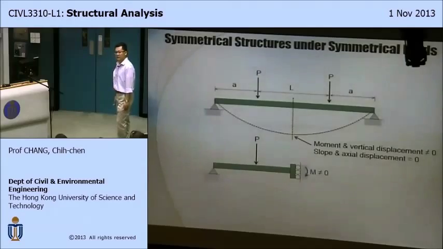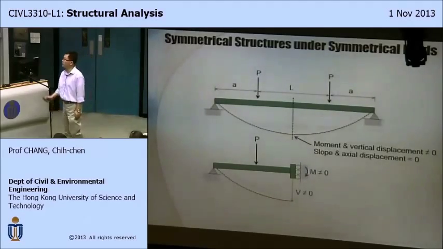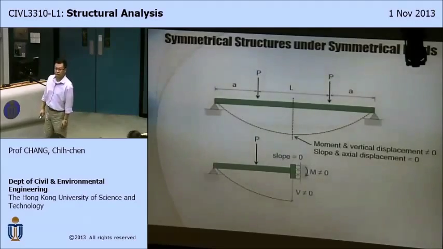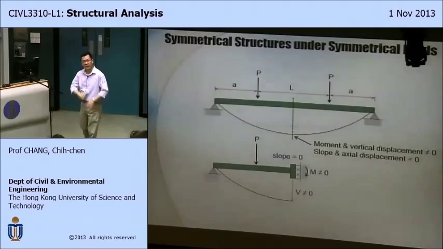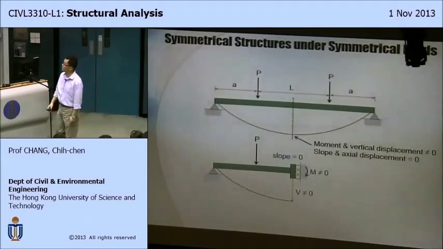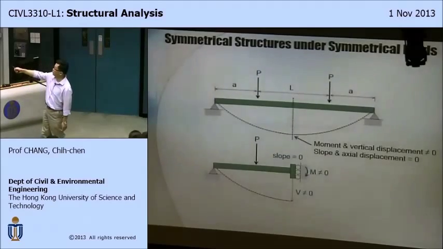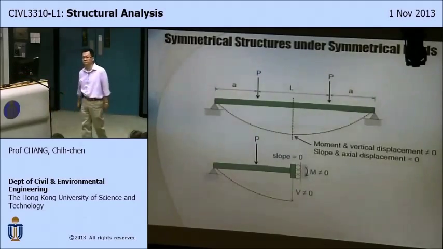So bending moment is not equal to 0, and displacement is not equal to 0, but the slope is equal to 0. So instead of analyzing the whole structure like that, you can actually analyze half of the structure. You don't have to analyze the complete structure. Okay? So you just do a proper support change at the midpoint, and then you just do half structure analysis instead of the whole structure.